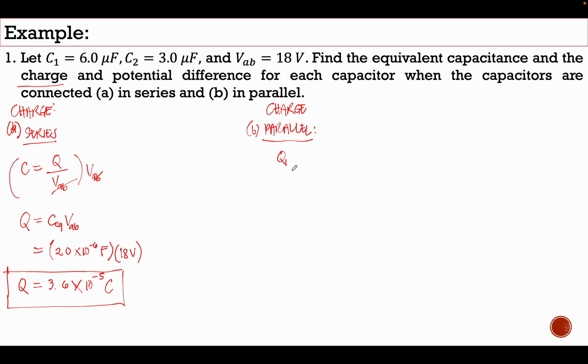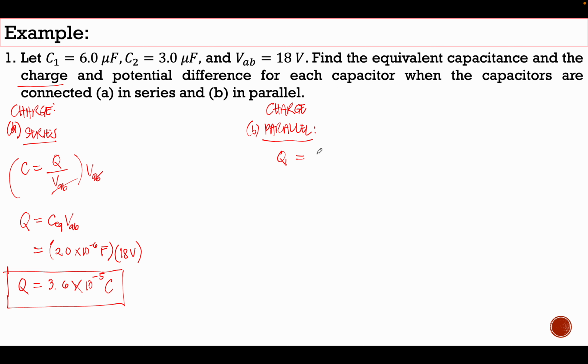But the potential difference across each of these capacitors are the same, which is again 18 volts. So to solve for the charge Q1 on the first capacitor C1, we will be using Q is equal to C times V, but this time we will be using the individual capacitances, dili si equivalent capacitance, unlike kay series.